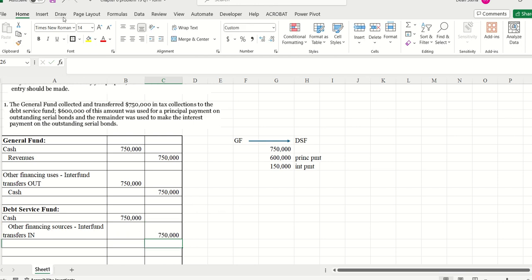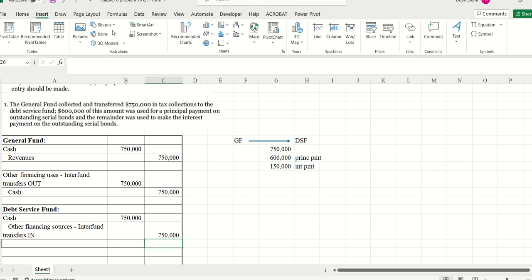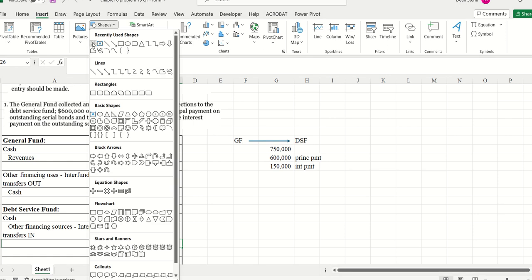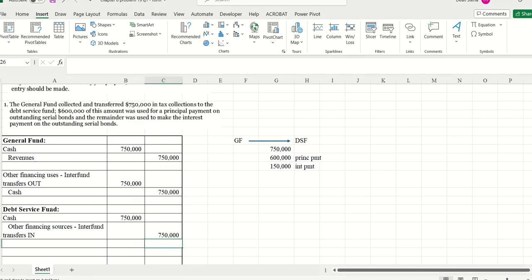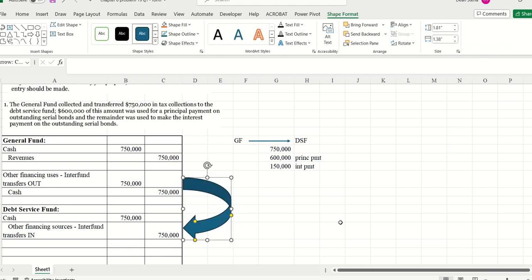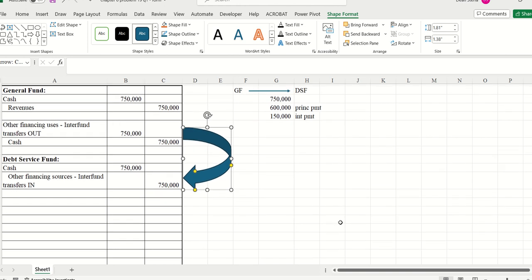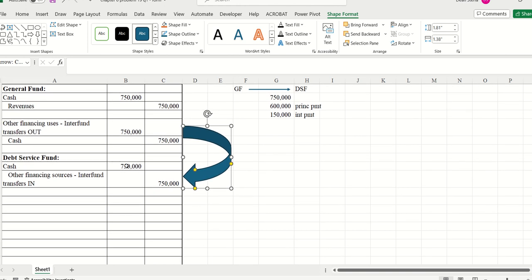Okay, so if we look at this entry right here, that transfer out goes down to the debt service fund. And that's where they got the money to make the payments.